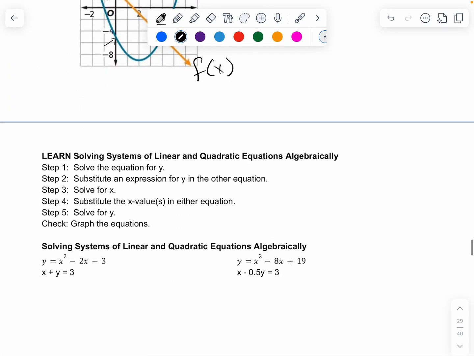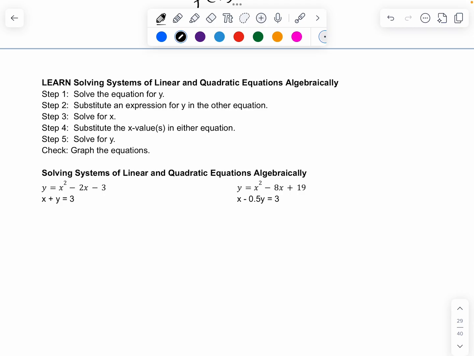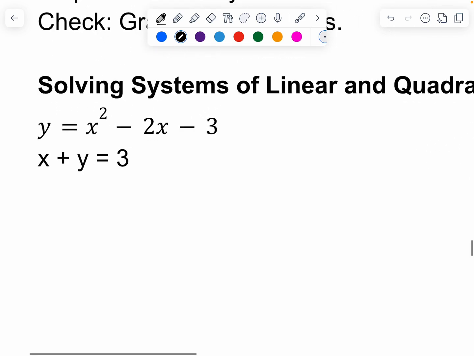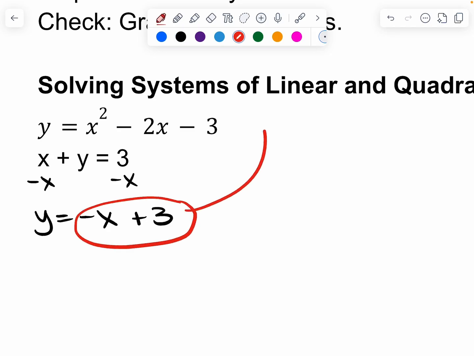Okay, so now it wants us to do it algebraically. So solve the equation for y. I'm going to get y by itself. So y equals negative x plus 3. I'm going to take this and plug it in right here.